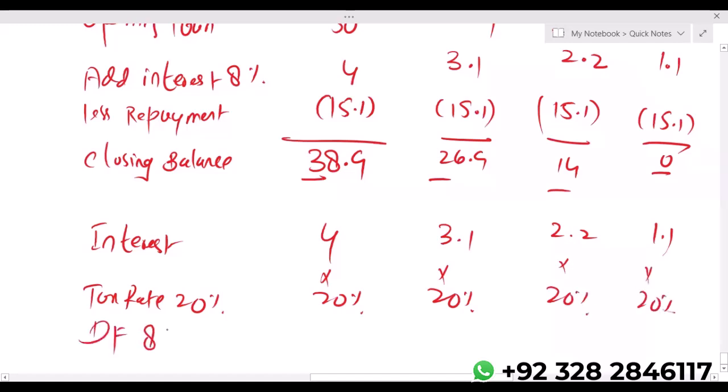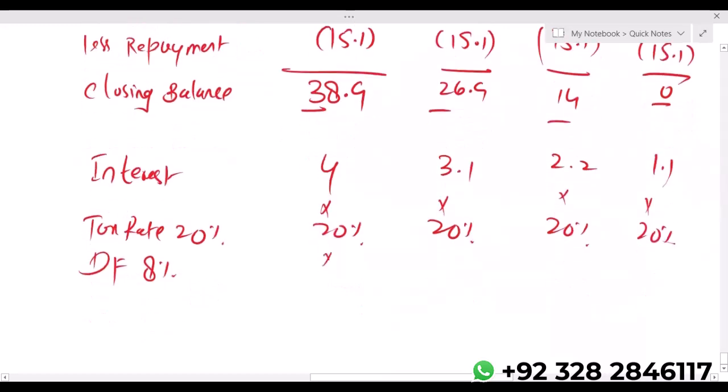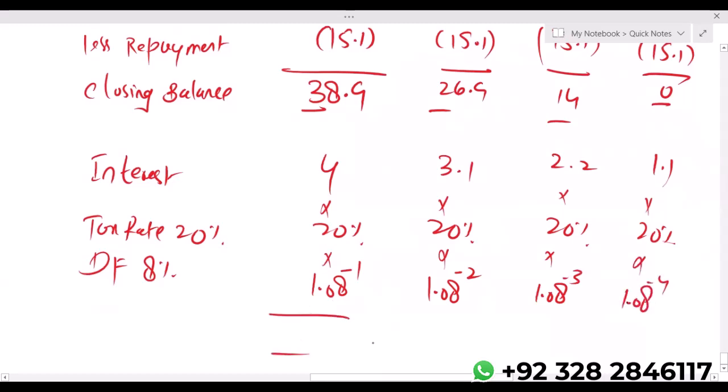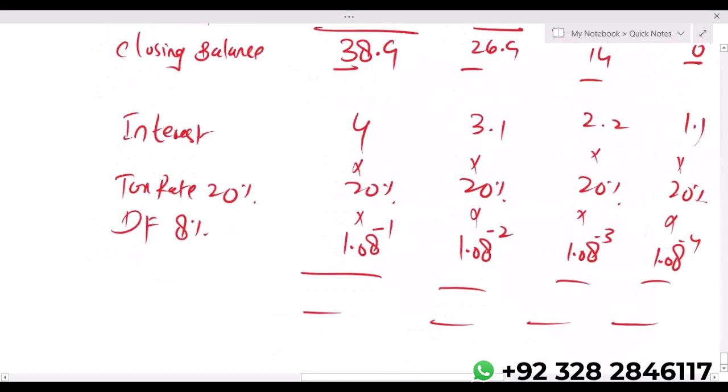Discount factor is 8%. You can take 1.08 minus 1. So simply use the calculator. 4 into 0.2 into 1.08 power minus 1.